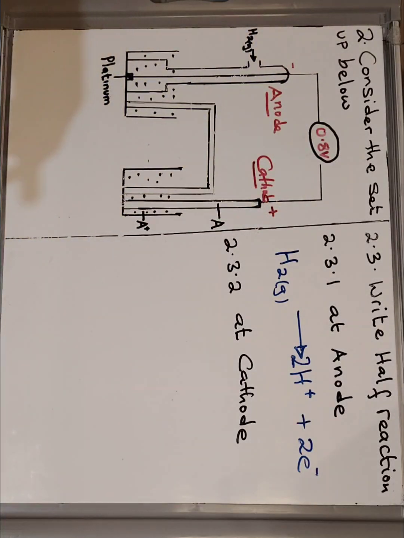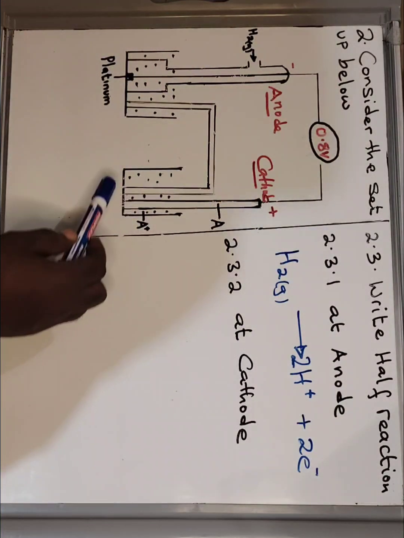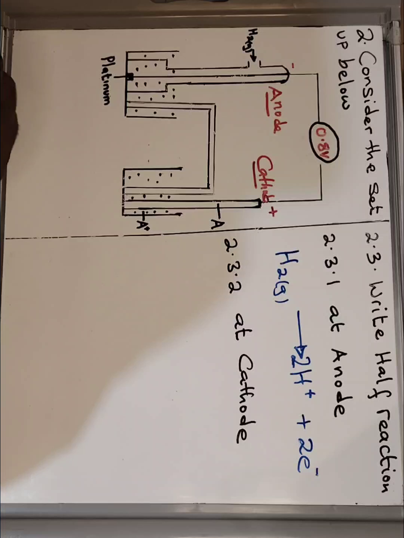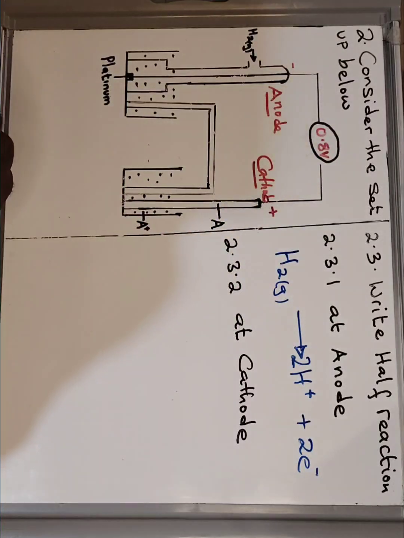Now we have a scenario here. We do not know what A is. So we are going to use the same symbols we are having here to accomplish that reaction.